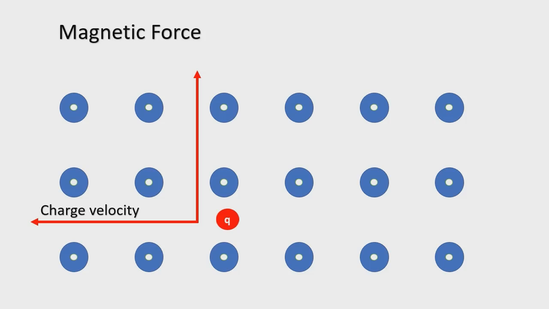The force on this charge will be perpendicular to the charge velocity, and at the same time perpendicular to the magnetic field line. So this is the representation of the three-dimensional perspective view of the magnetic field line, the direction of the velocity of the charge, and the force within three-dimensional space.